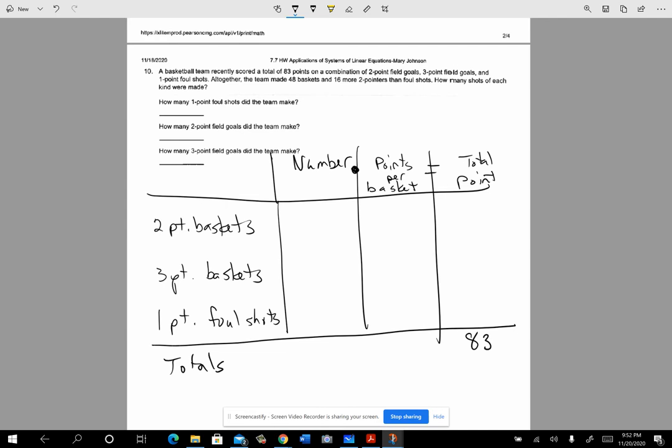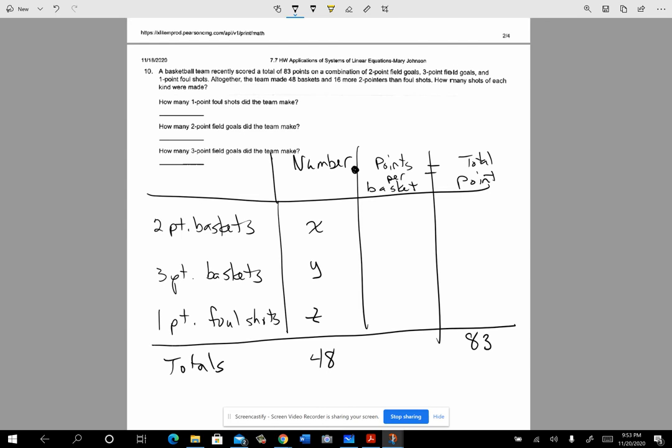They had a combination of 2-point field goals, 3-point field goals, and 1-point foul shots, and that's what we're looking for. So we'll just let each of those be an X, a Y, and a Z. It says the team made 48 baskets. So 48 is how many baskets they made, but it was a combination of those various types of shots, with the total turning out to be 83.